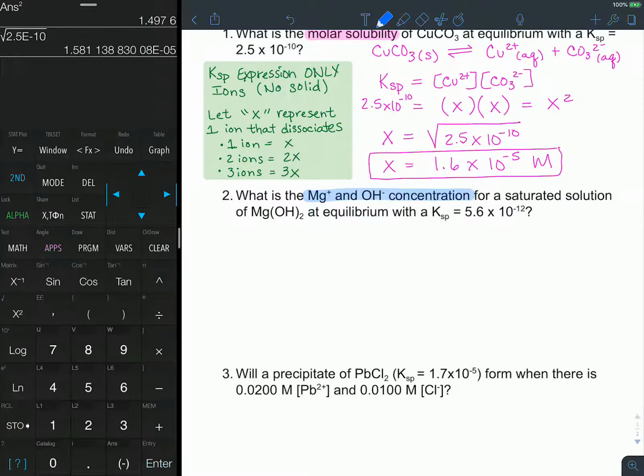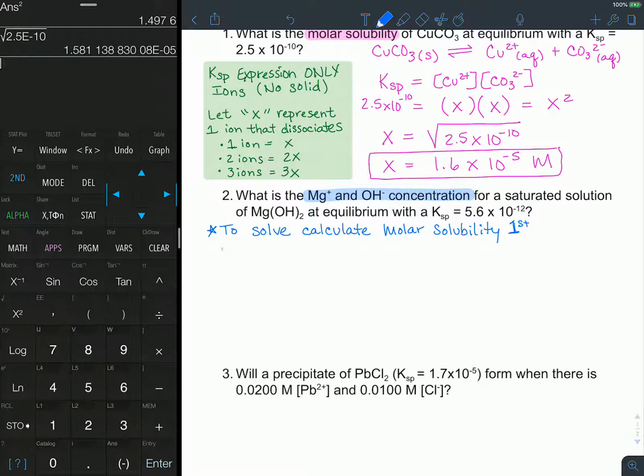I'm going to write that here. To solve, calculate molar solubility first, and then we'll determine what the ion concentration is from there.